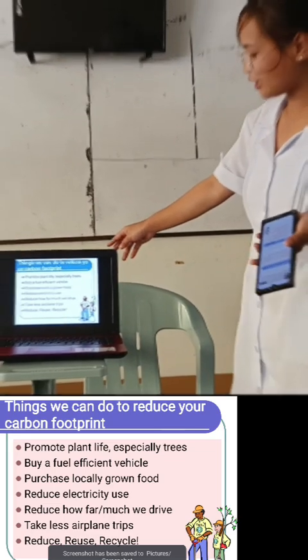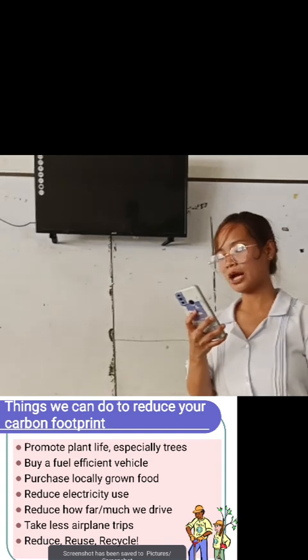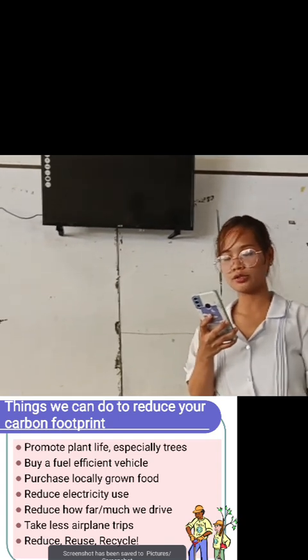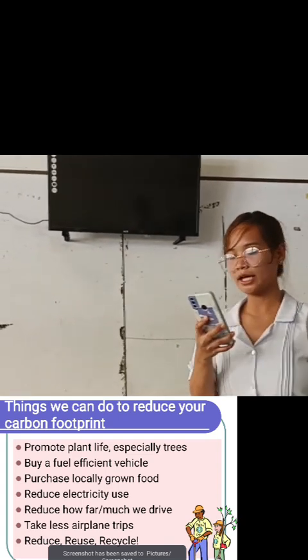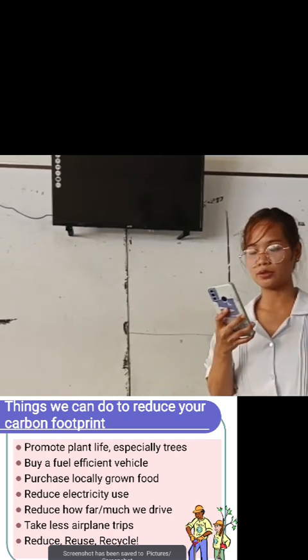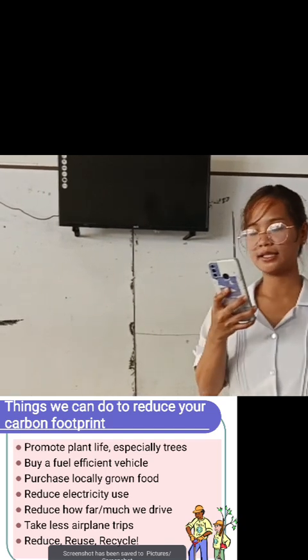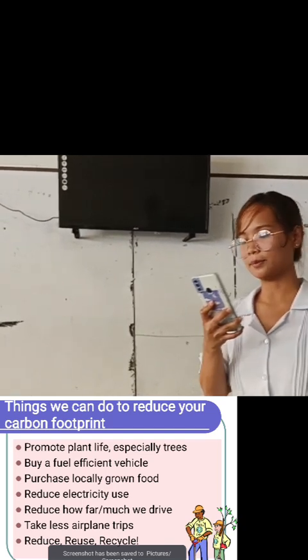Next is take fewer airplane trips. So, if you do travel by plane, one way you can reduce your emissions is by looking at non-stop flights because non-stop flights take the most direct route to the destination. They require less fuel than itineraries with multiple legs.